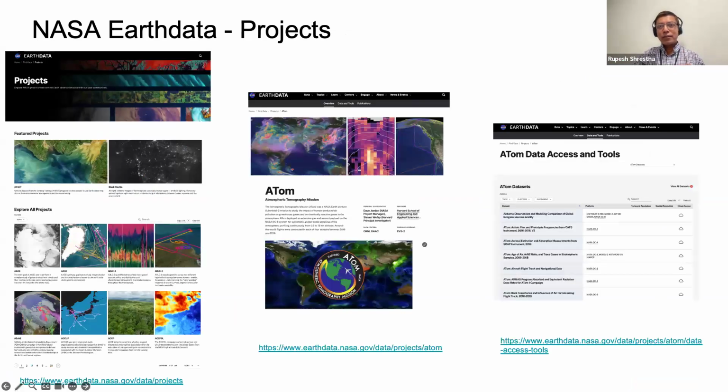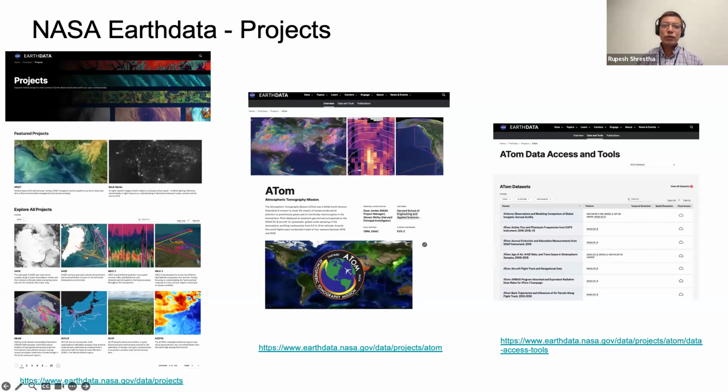And there is another page, in addition to instrument and platform, called project pages. On the left is the listing of all the projects. Projects are mostly the NASA campaigns, such as EV missions. Each project has a landing page, like the one shown here for ATom. ATom was an EV2 project. The new EV4 missions that most of you are part of would also have a similar project landing page when the data are ready to be published.